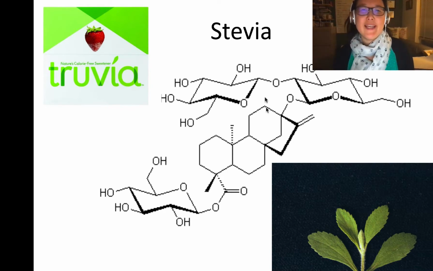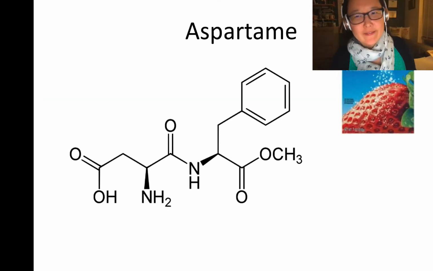So stevia is a really common one, and it's natural, so it comes from a stevia plant. So a lot of people like it because it's natural. And you can see there are some monosaccharides here linked together with this compound right there. Some of you are very familiar with Equal or aspartame, and that's another kind of sweetener, but notice its structure has nothing to do with sugars.